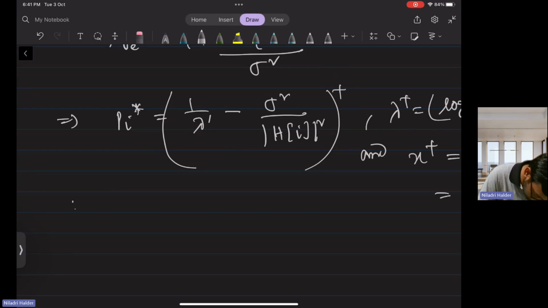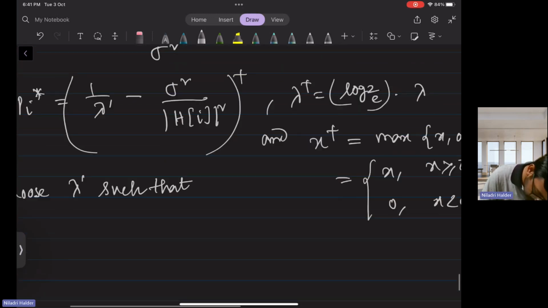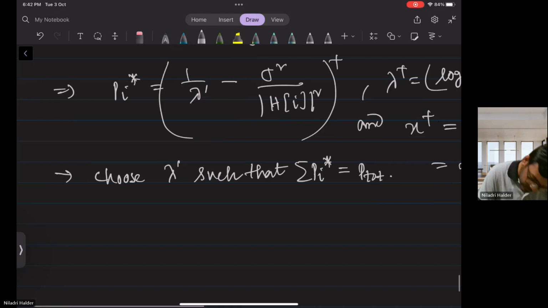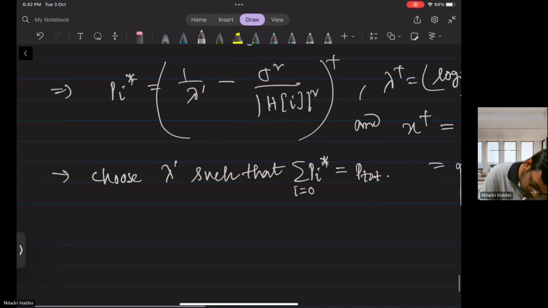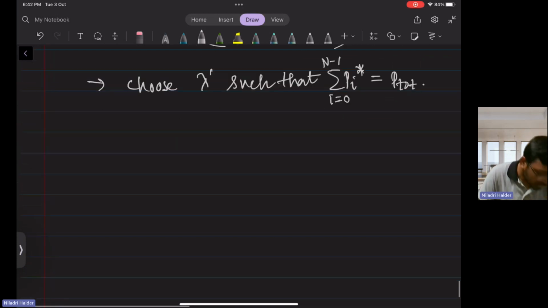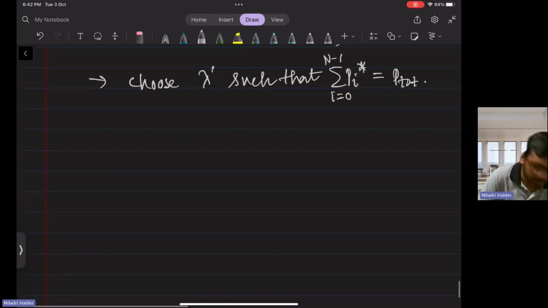So choose this lambda such that the summation of p_i star equal to P total. So this is the optimal power for the frequency selective channel.